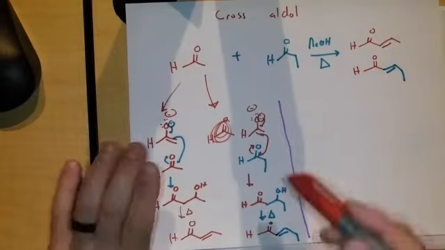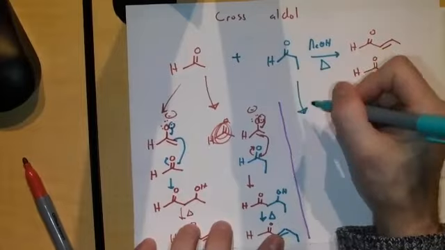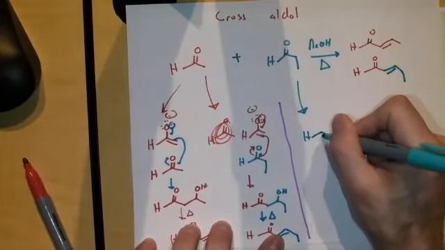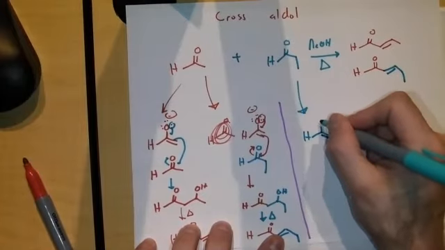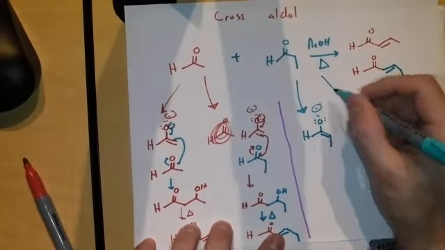We can also make an enolate out of this one on the right here. So if I deprotonate that, I'm going to make an enolate. I'm going to draw it twice.